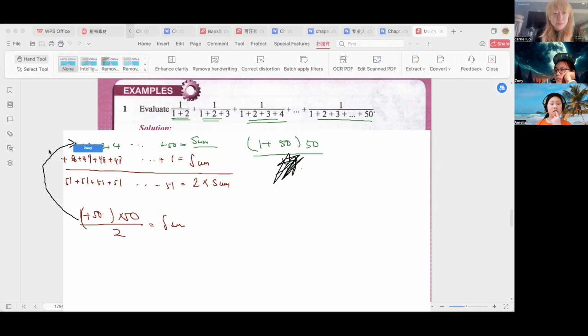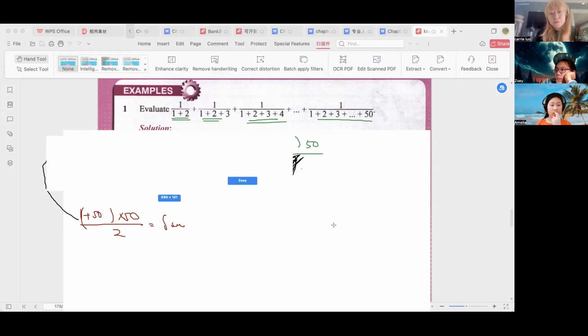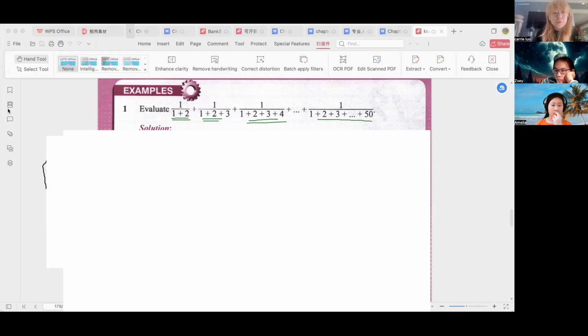Okay, so if that's the case, we're going to think about this one, and we're going to do it one by one. The first one equals 1 over 1 plus 2. Can I just rewrite it as 1 over (1 plus 2 times 2 divided by 2)? Correct? Okay, so the second one, can I rewrite it as 1 over (1 plus 3 times 3 over 2)?